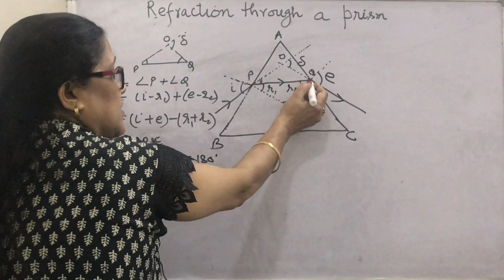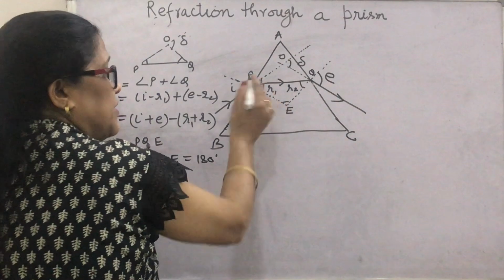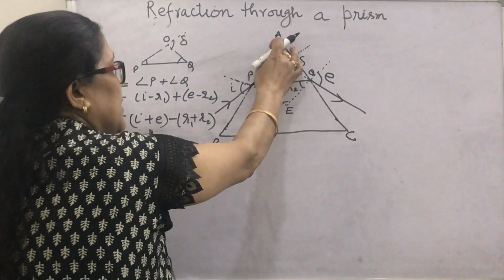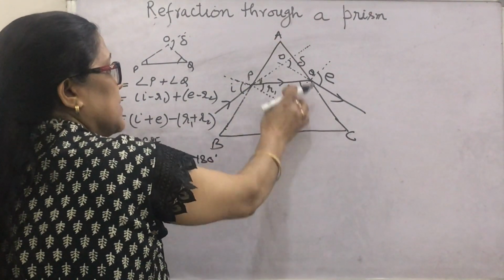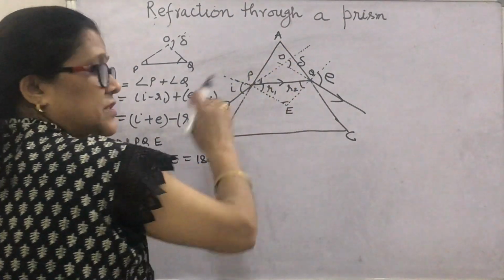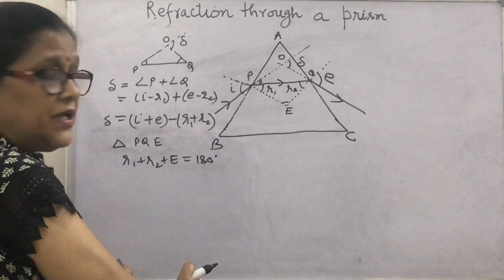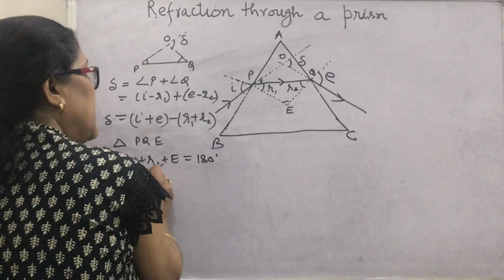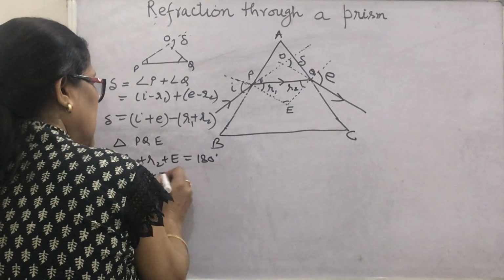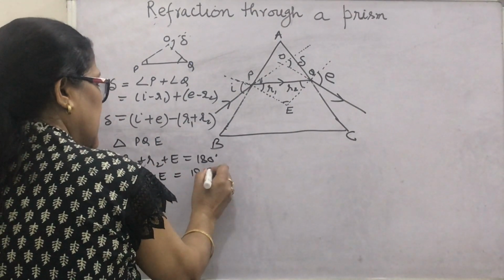So 90 plus 90 is 180, then what will be the sum of angle A plus E? They are opposite each other, so that will also be 180. So you can write A plus E is also 180 degrees.